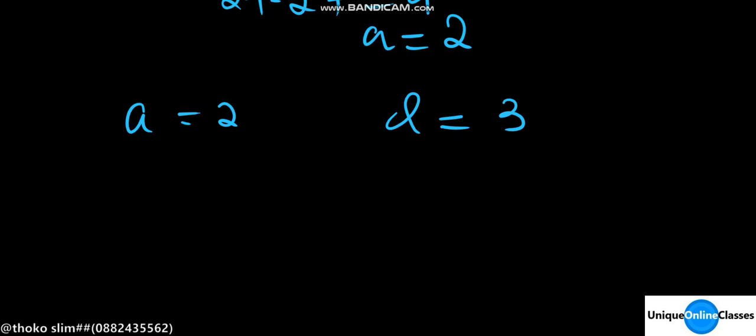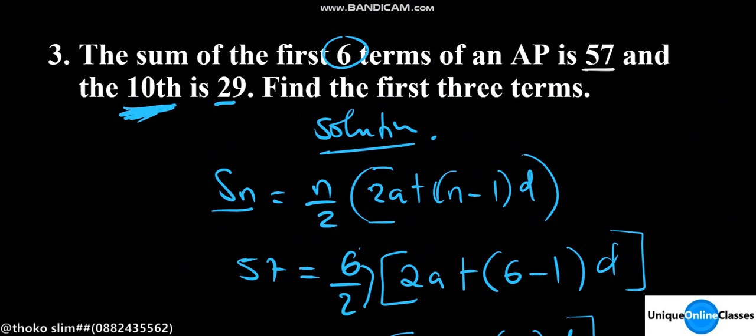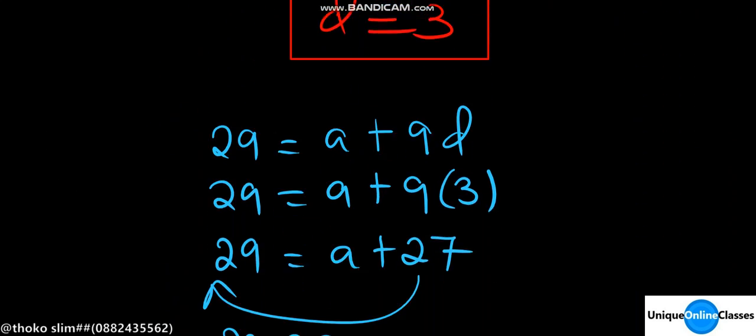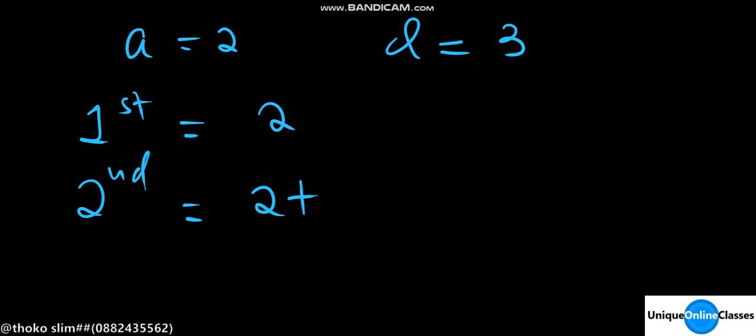So anena kuti we should find the first 3 terms. So first term tauza kuti ndi 2. Second term tipanga a plus d, which is 2 plus 3, answer will be 5.